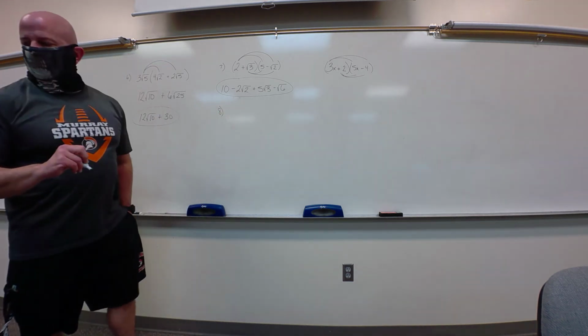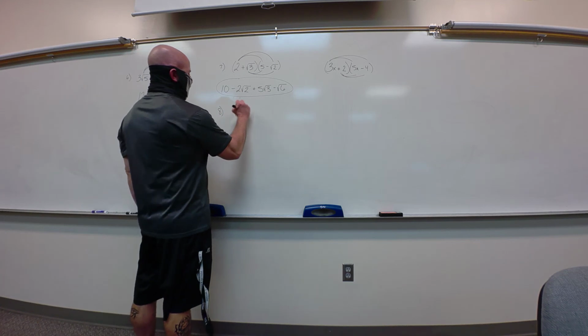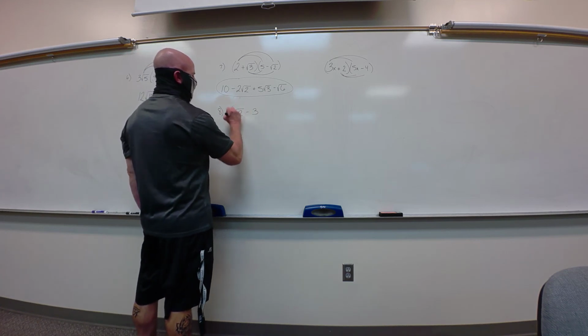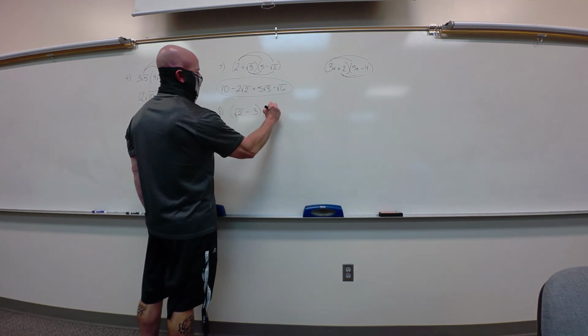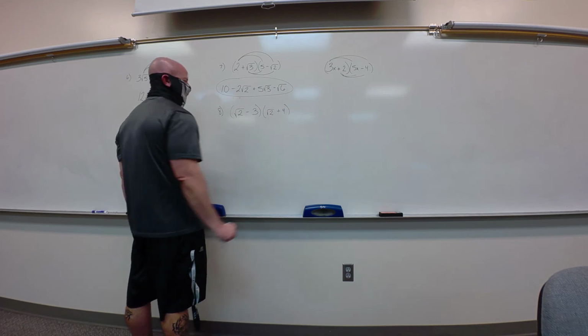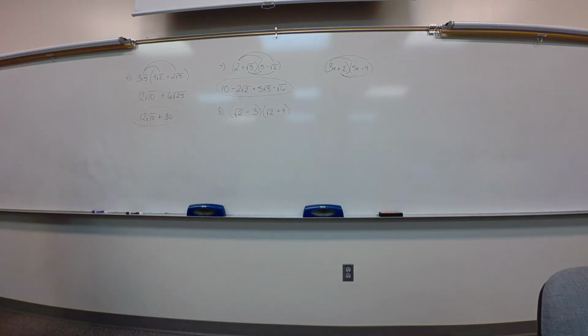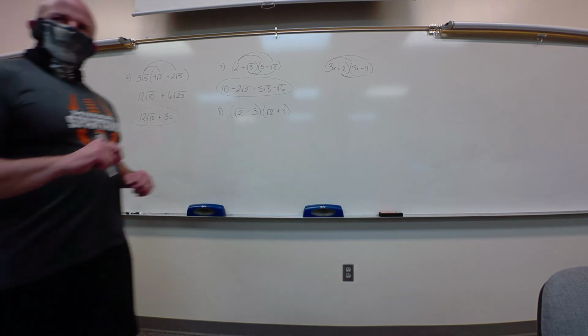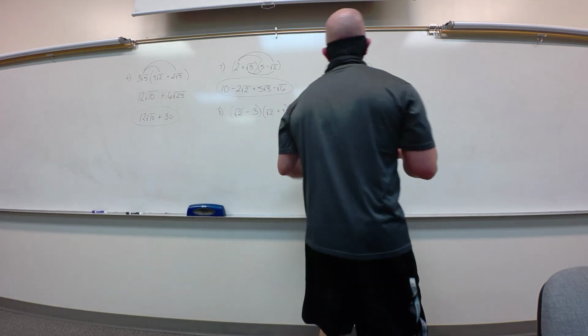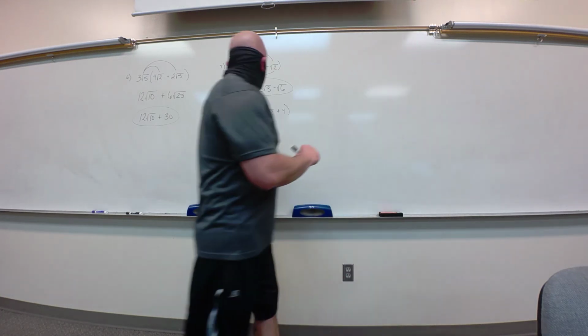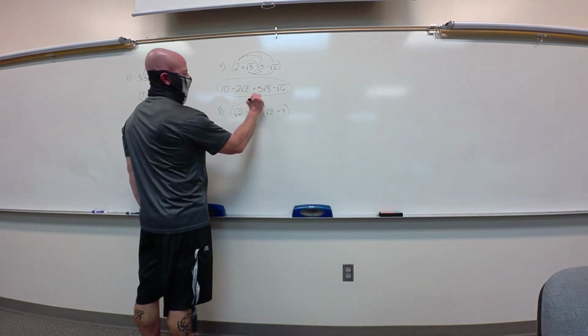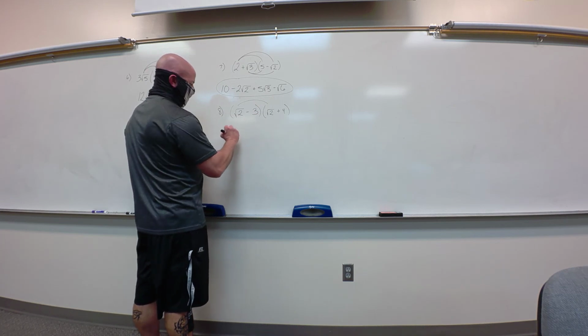Right, let's go with root 2 minus 3 times root 2 plus 4. We'll get some like terms here. Still think of it, I've got a binomial times a binomial. So I'm going to first distribute that root 2. I have root 2 times root 2 is root 4.